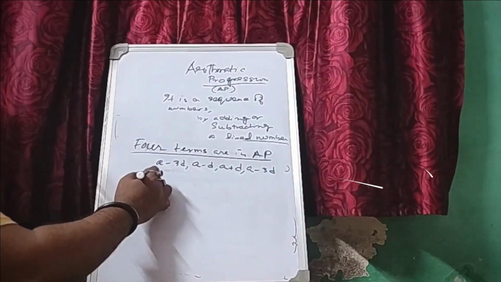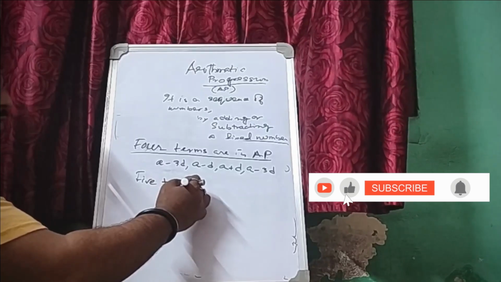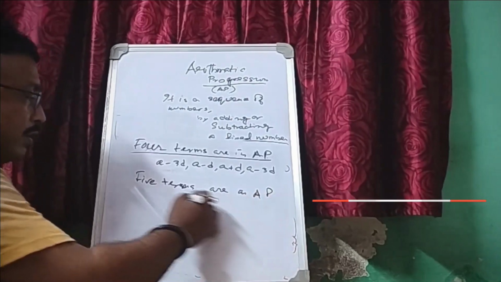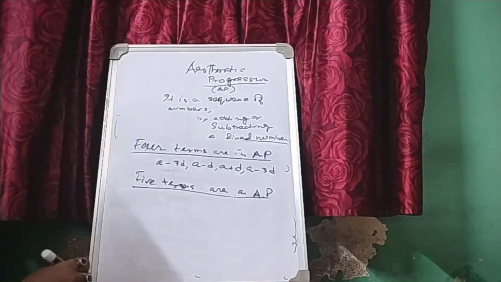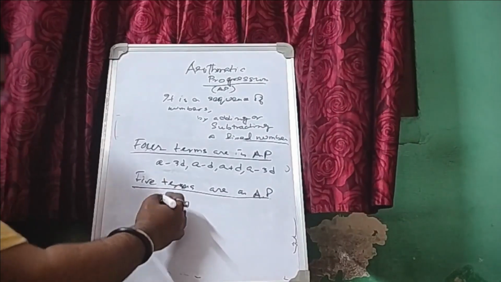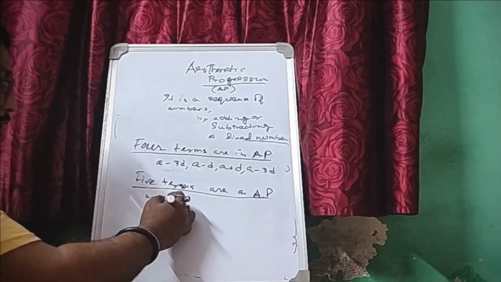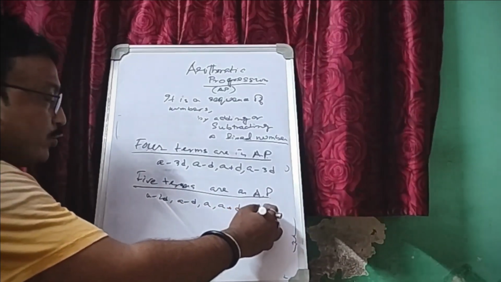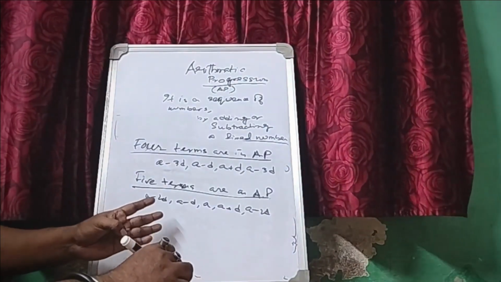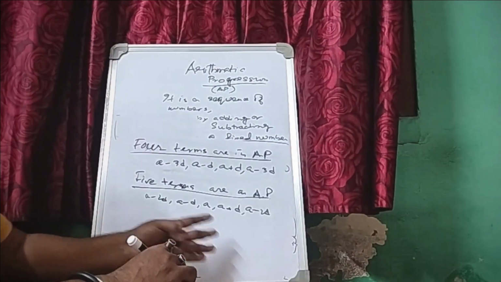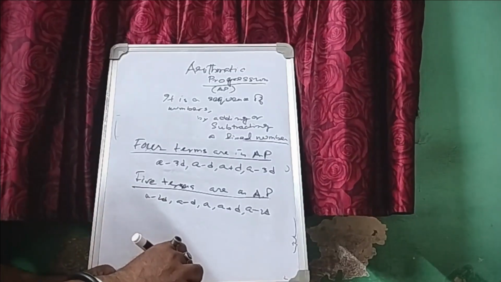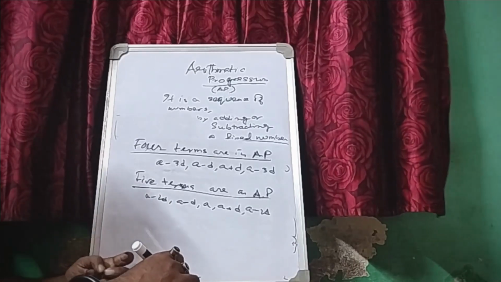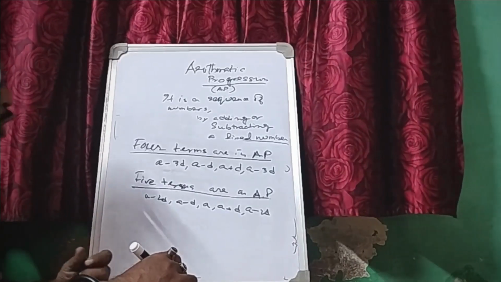When five terms are in AP, then it will be a minus 2d, a minus d, a, a plus d, a plus 2d. Look, when you sum all of them, d will be eliminated and a will remain.